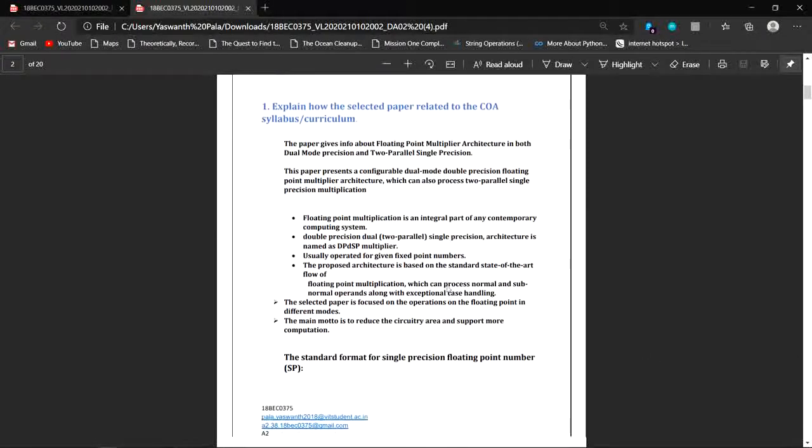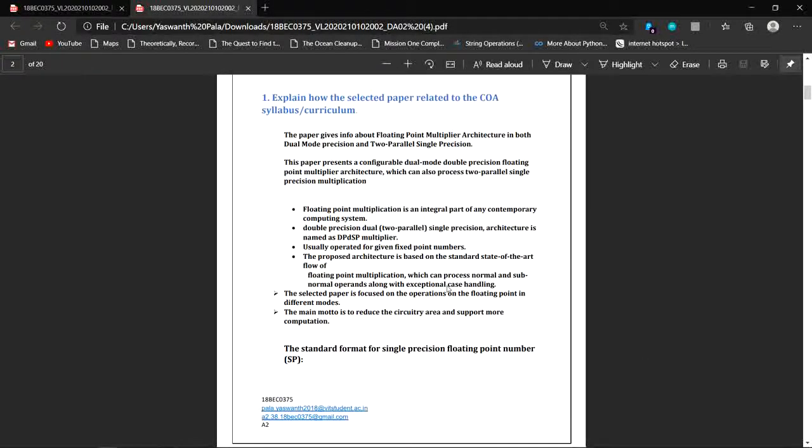The first question was to explain how the selected paper relates to the COA syllabus or curriculum. The paper gives information about the floating point multiplier architecture in both the dual mode precision and the parallel mode precision. In the normal class and the COA syllabus, we are clearly discussing floating point and its possible modes in different algorithms.